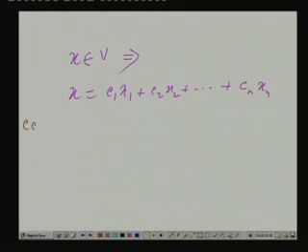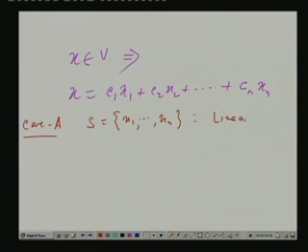Case A, set S, which is nothing but x1 to xn, given to be linearly independent. Then my claim is, given a vector x, you express it first in terms of x1 to xn as a linear combination, but these coefficients C1, C2 to Cn, they are unique.